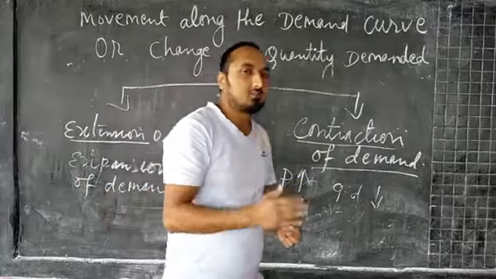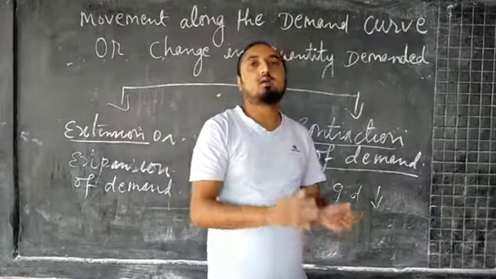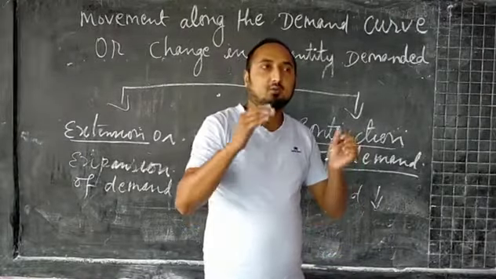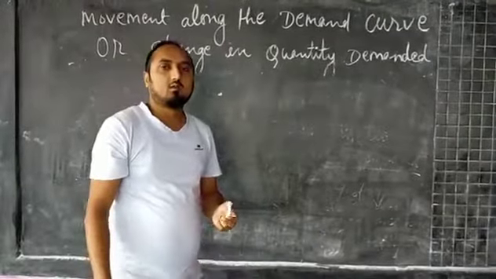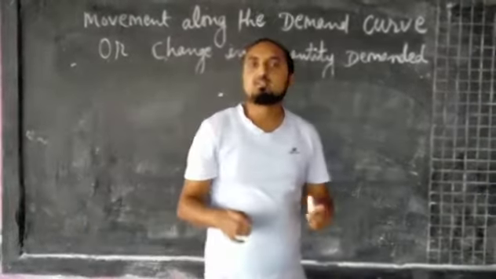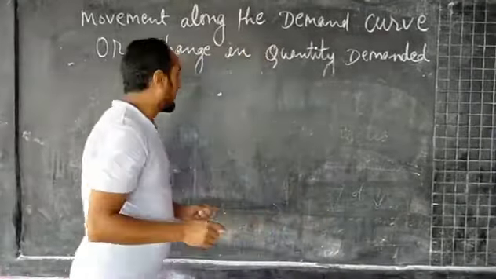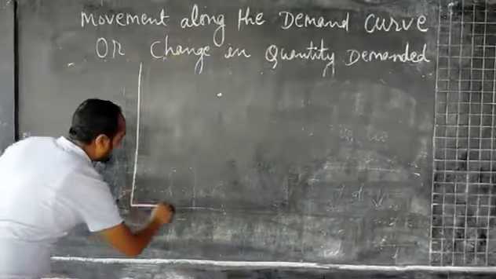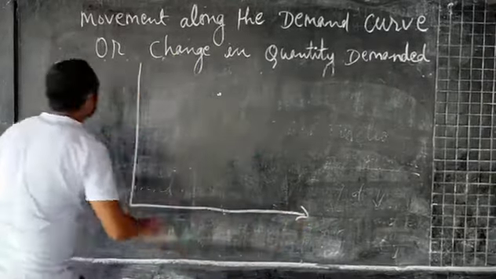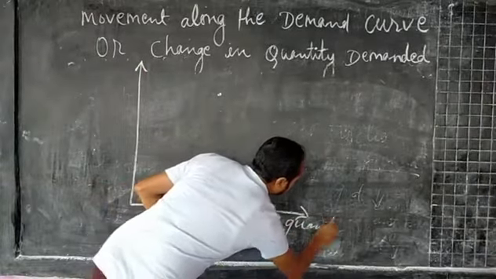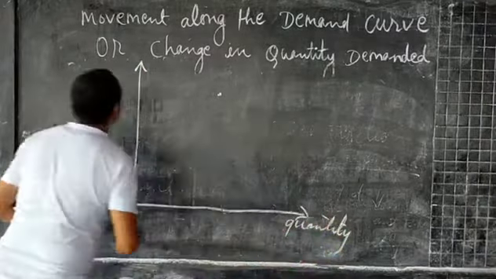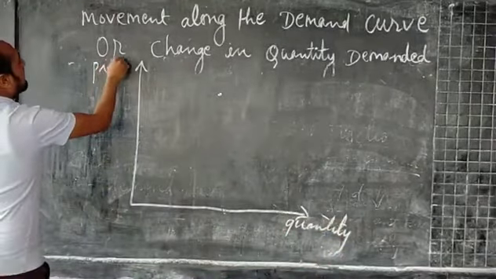This explanation of extension and contraction of demand can also be explained with the help of a diagram. First I am going to explain extension of demand. Similarly, we draw the x-axis and y-axis. On the x-axis we measure quantity and on the y-axis we measure price.